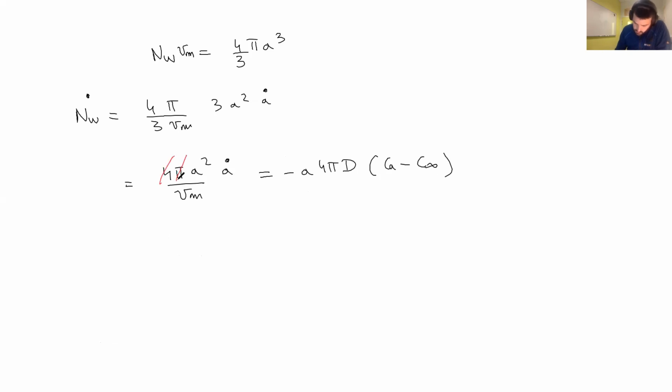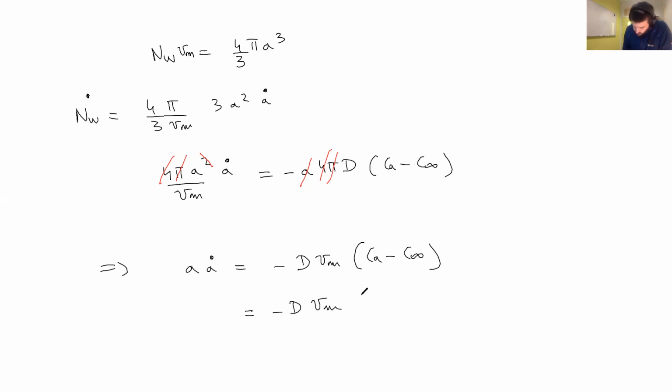Which can be simplified further. Sorry, I will just write that. A dot is equal to minus D Vm, CA minus C infinity. And we should remember what is C infinity.